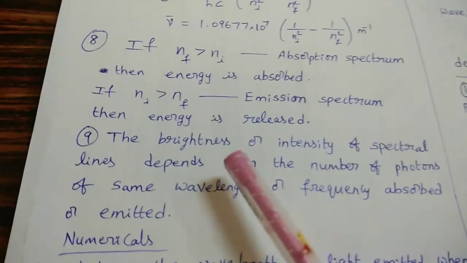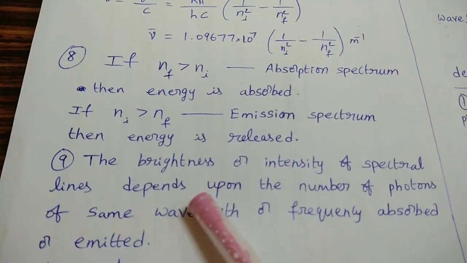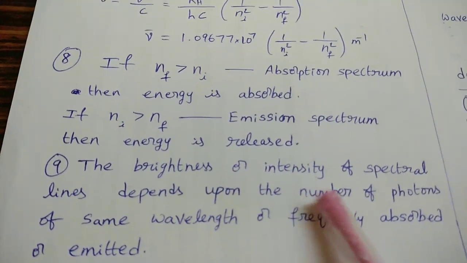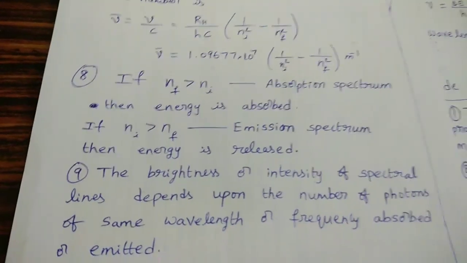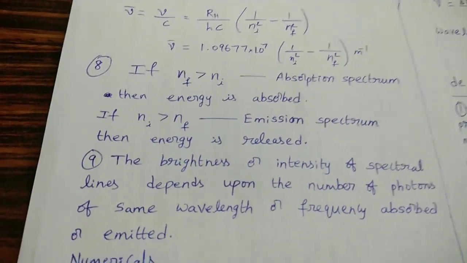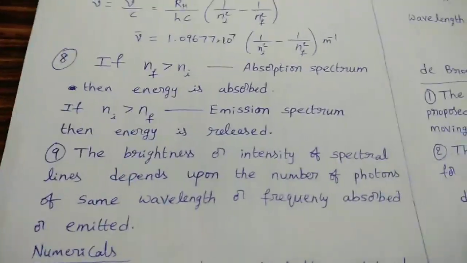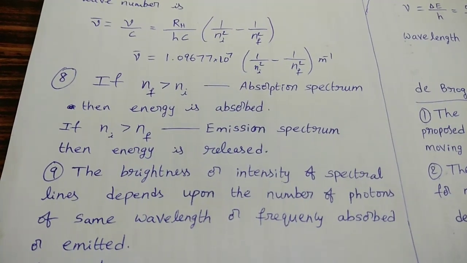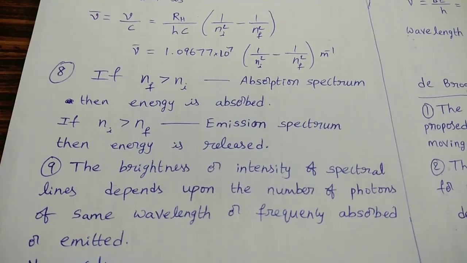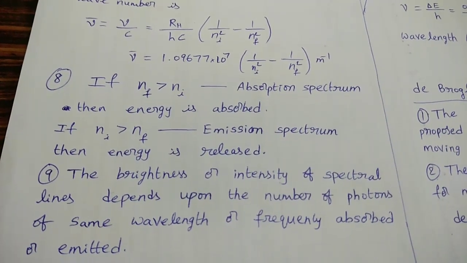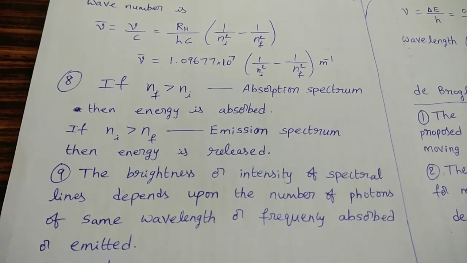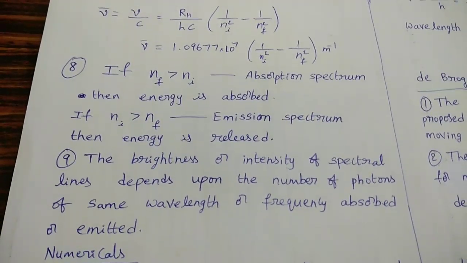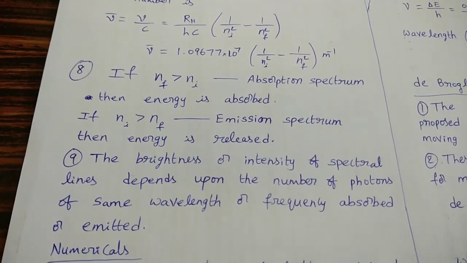Okay, next, the brightness or intensity of spectral lines depends upon the number of photons of same wavelength or frequency absorbed or emitted. Spectral line intensity depends upon the number of photons having the same wavelength. If more photons have the same wavelength, then we can observe more intensity for the spectral line.